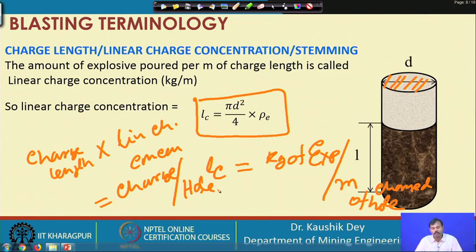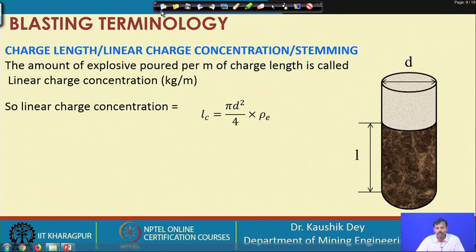So, the kg of charge placed per hole can be calculated by multiplying the linear charge concentration with the charge length. Similarly, the linear charge concentration can be obtained if we know the total charge placed in a hole and the charge length. By dividing the total charge by the charge length, we get the linear charge concentration.